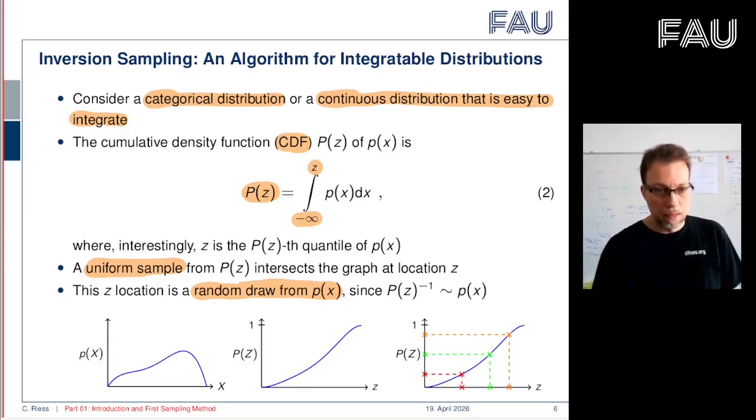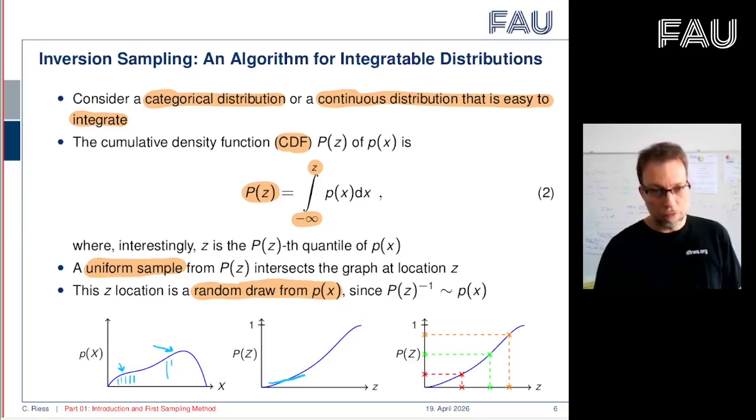Here's an example. So we have P of x here. It's a bit more likely here for larger values of x. It's a little bit of a lower probability mass here for smaller values of x. And now, if we look at the associated cumulative density function, if we have less probability mass here, it's a more shallow increase in the CDF.